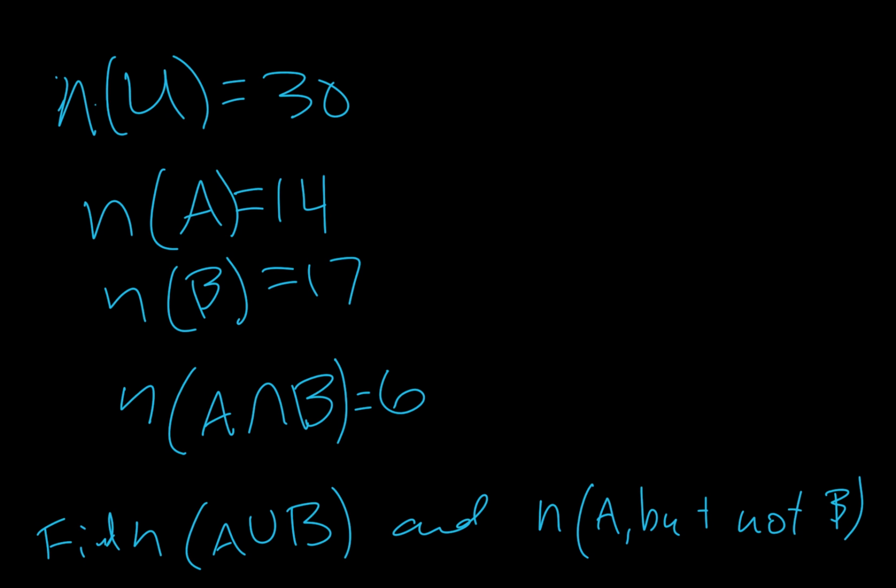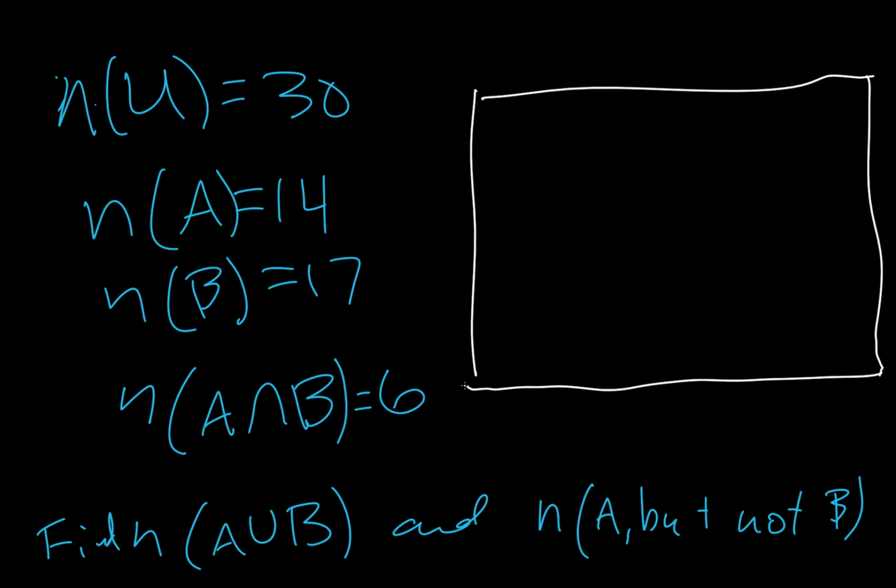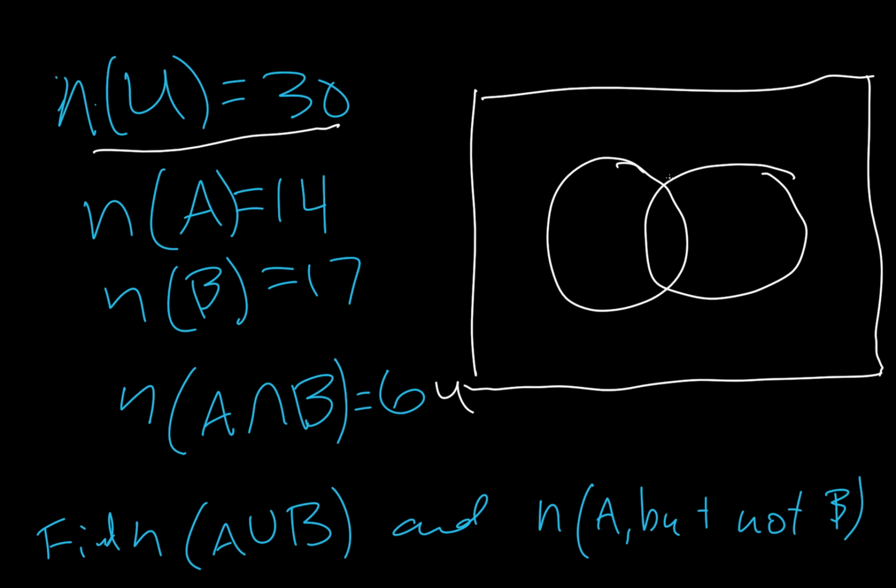Alright, so I definitely think we need to draw a Venn diagram. That's our universal set. There's a total of 30 from this. That's not going to help us at the moment, but we will use that. I would actually use this information in reverse. So I draw my A and my B, and the intersection has six elements.